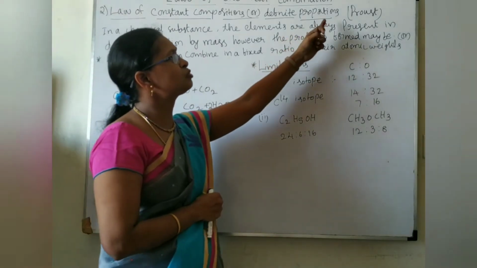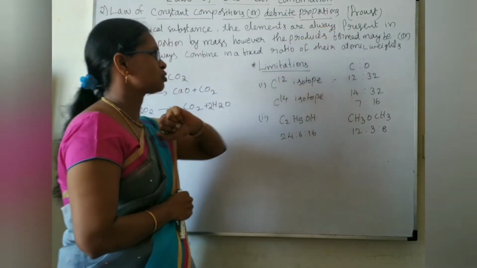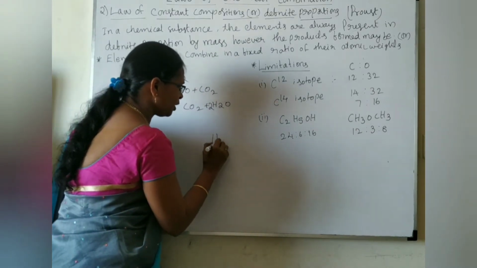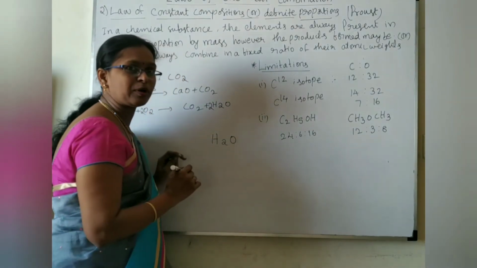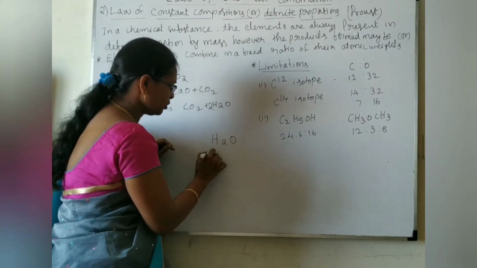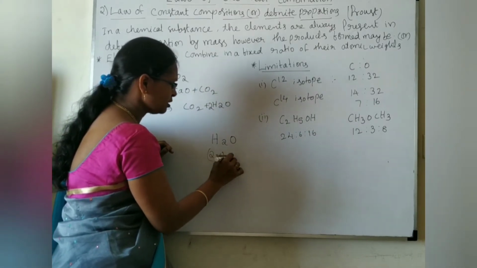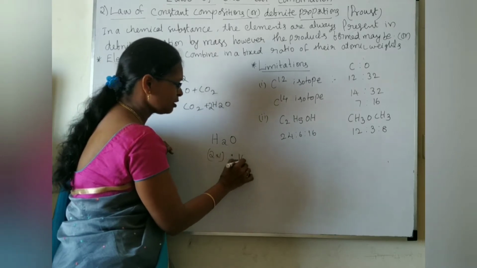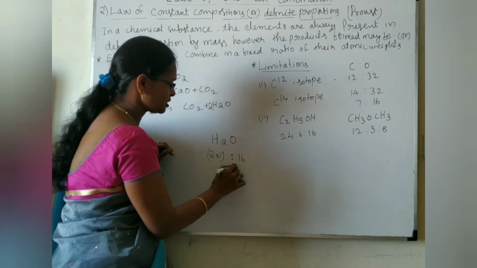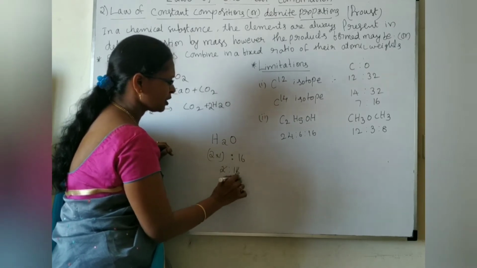This was given by the scientist Proust. For example, take a water molecule, H2O. Here the atomicity of hydrogen is 2, so 2 into 1, and oxygen has 1 atom, whose atomic mass is 16. So 2 is to 16, in the sense 1 is to 8.